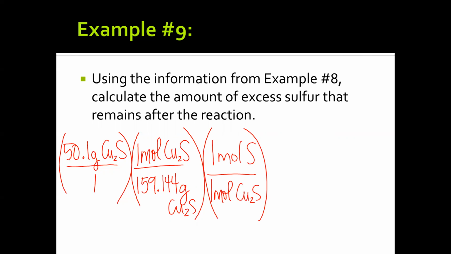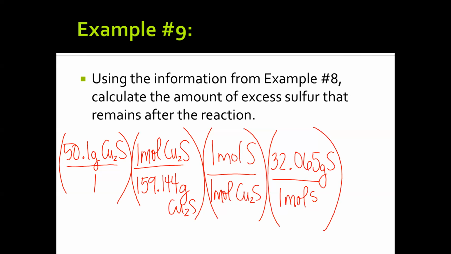Okay. Then the last step, we want grams of sulfur. So we need to multiply by the molar mass of sulfur over 1 mole of sulfur to cancel it out. So keeping with our 3 significant figures, I solved this and I got that we had 10.1 grams of sulfur used by the reaction.